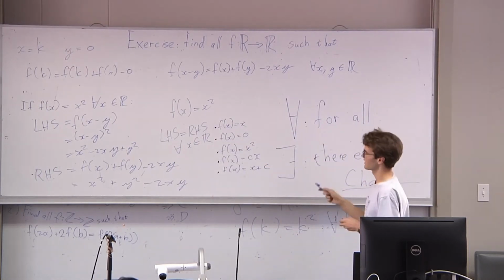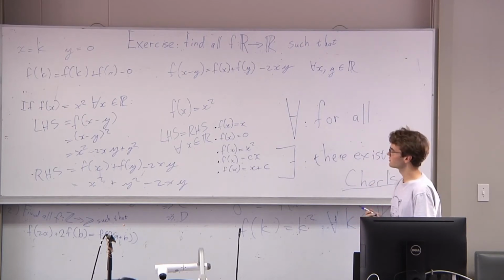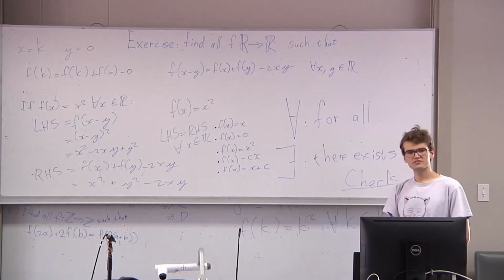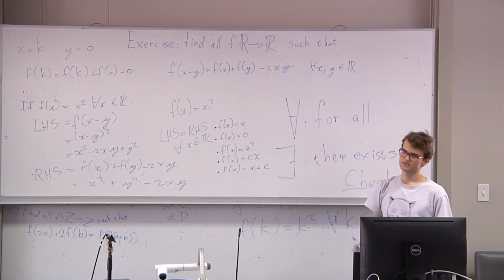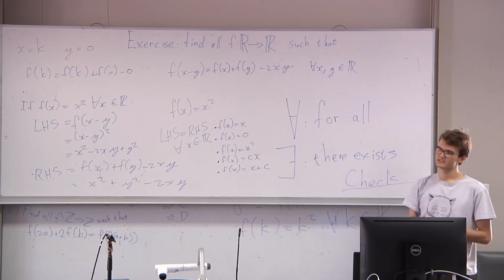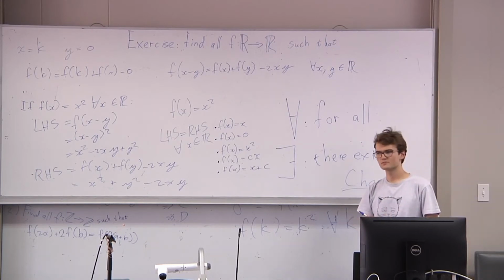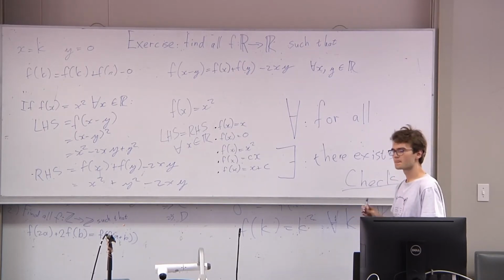You have to check every time. So even if you don't fully solve a functional, it's often useful to list f of x equals x satisfies it, f of x equals minus x satisfies it, f of x equals 0 satisfies it, and that could sometimes be worth a few marks. But if you don't check it, they might not be convenient.